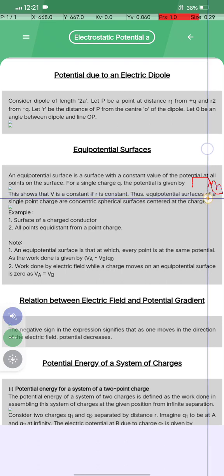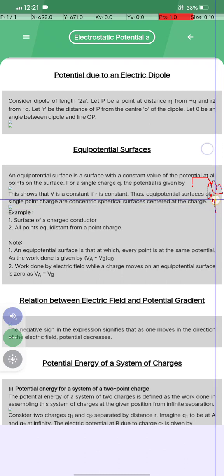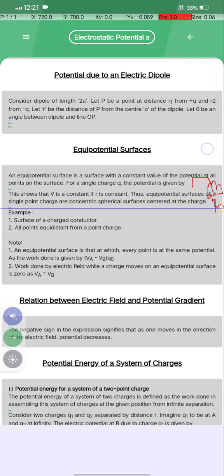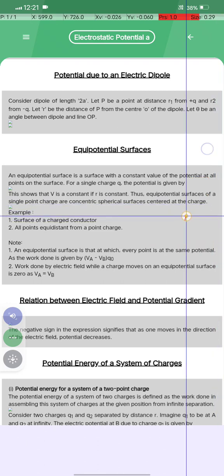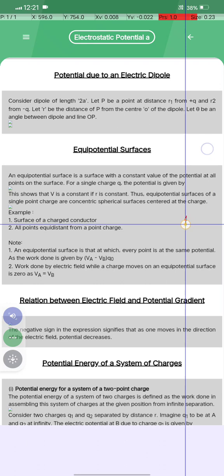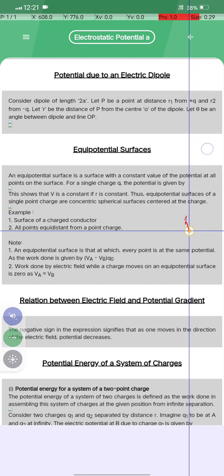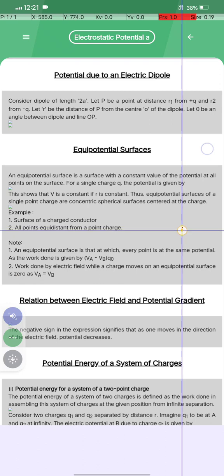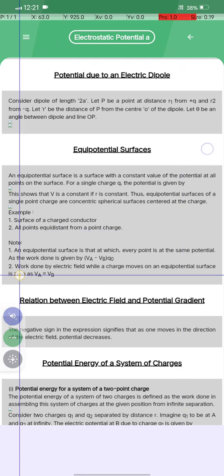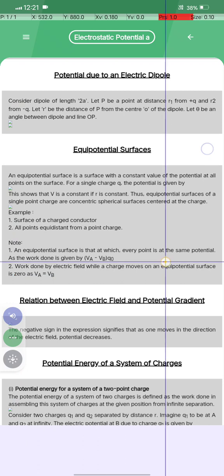Thus, equipotential surfaces of a single point charge are concentric spherical surfaces centered at the point charge. For example, the surface of a charged conductor, where all points are at equal distance from the point charge.